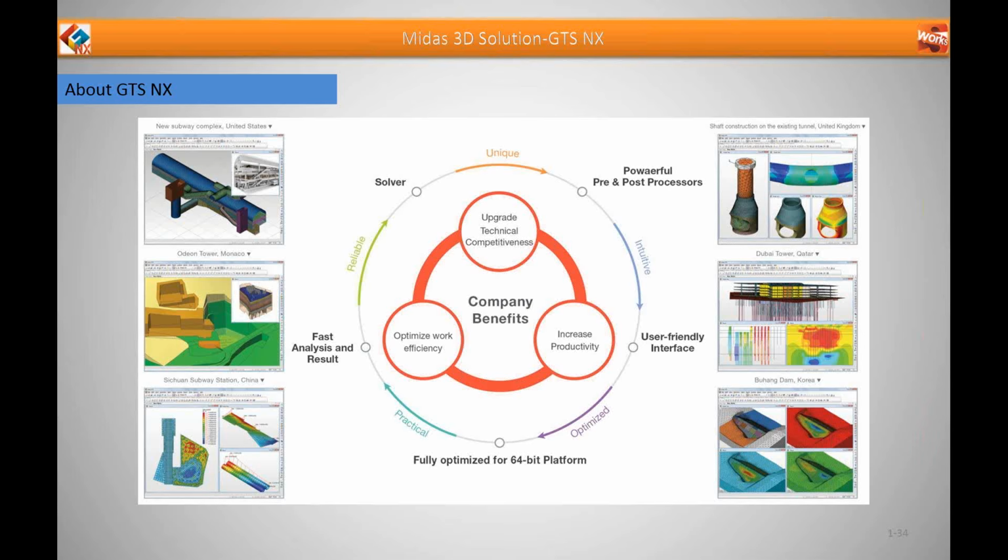GTS NX is a 3D finite element analysis software with its own pre and post processor and a very effective solver. It has a fully optimized platform for 64-bit, and with the 64-bit platform you can model large scale models and consider multi-frontal meshing for your model.